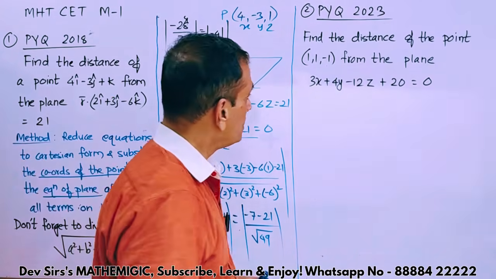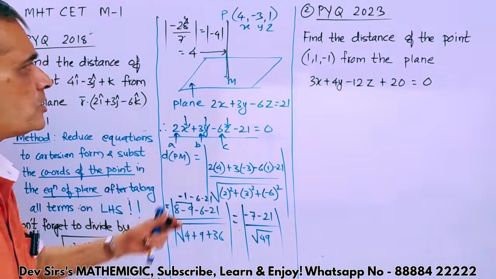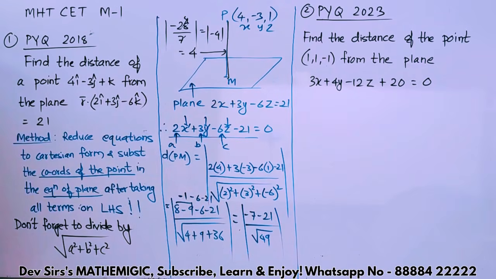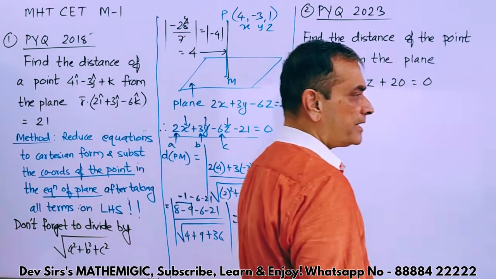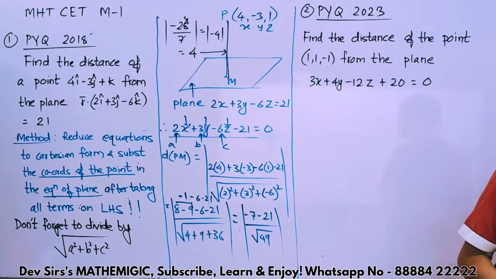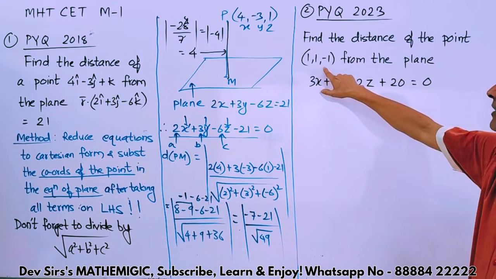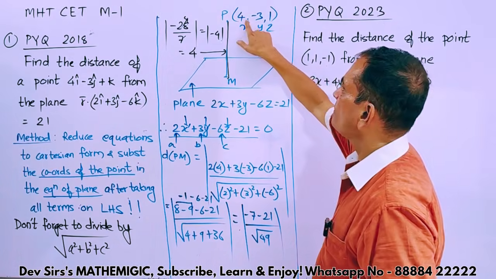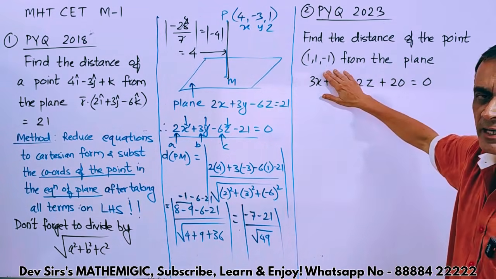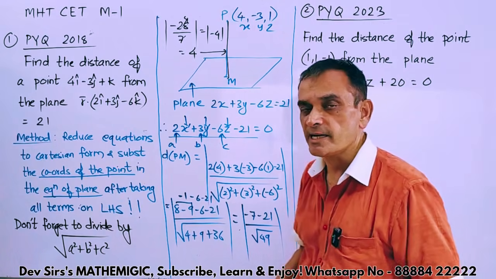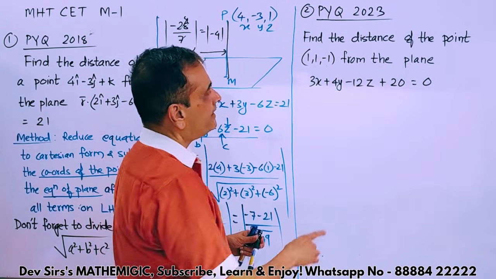Now we'll take one more sum. Here I am not going to draw the diagram, just the direct answer. Find the distance of the point 1, 1, minus 1 here. 1, 1, minus 1 is directly given to you in terms of x, y, z, from the plane.